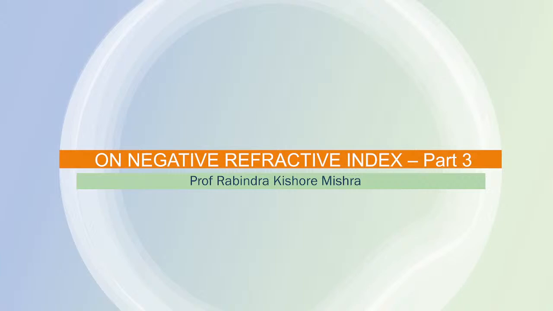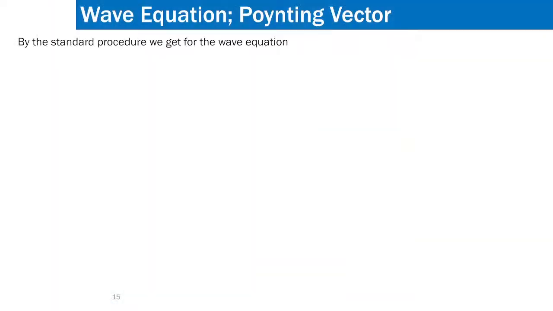So let us complete the derivation today of the wave equation and Poynting vector and see some interesting consequences of these two. First, let us derive the wave equation.